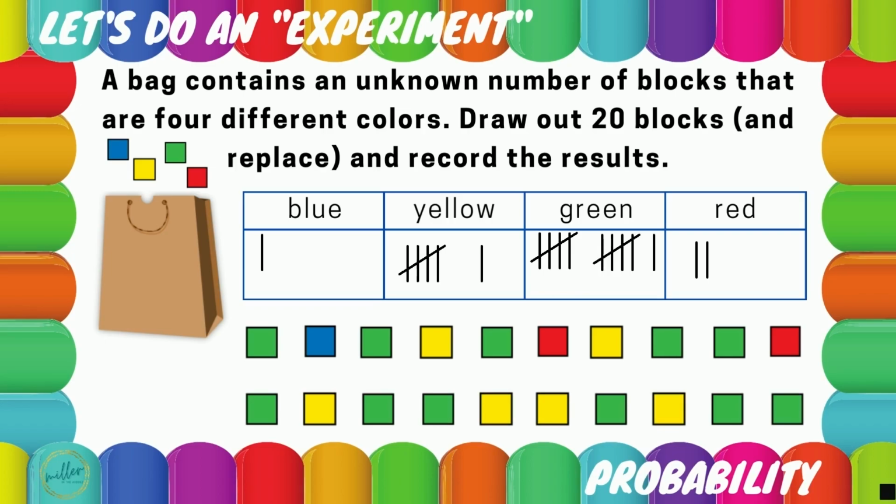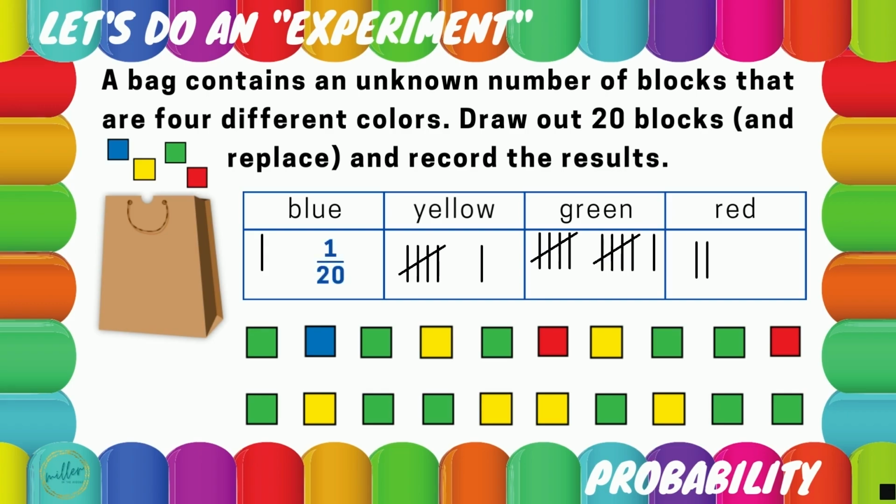Here are the other 10. Green, yellow, green, green, yellow, yellow, green, yellow, green, green. We've tallied up the results, and it looks like we have 1 blue block, 6 yellow blocks, 11 green blocks, and 2 red blocks.